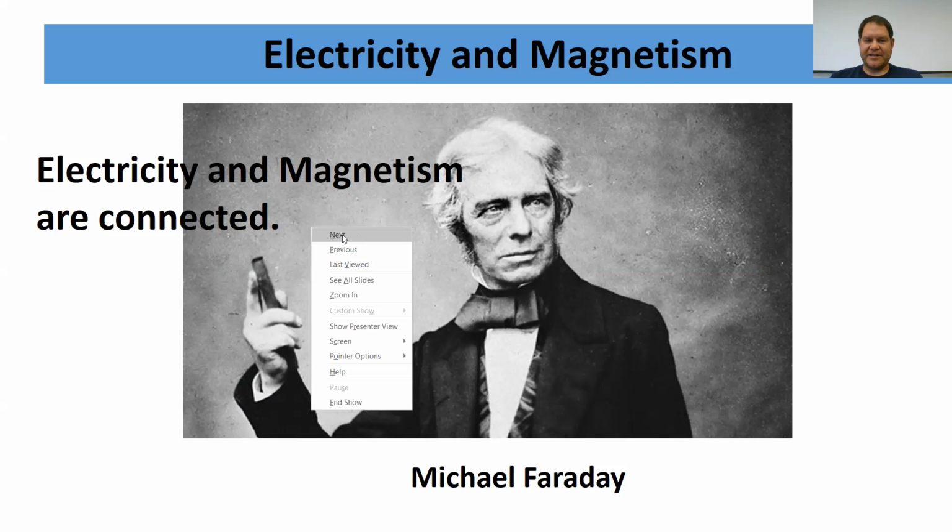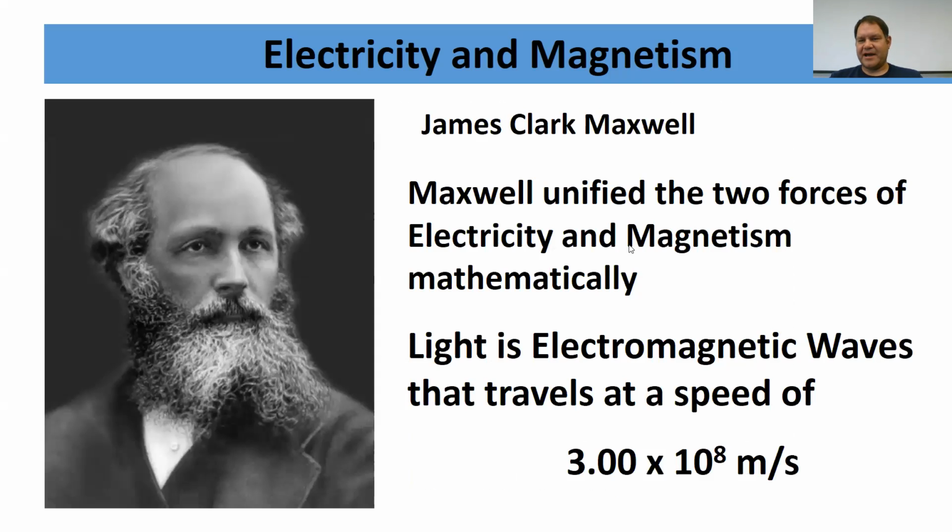But he had a good friend, James Clerk Maxwell, who was a brilliant mathematician who actually did prove that electricity and magnetism were indeed connected to one another, proving Michael Faraday's statement, okay? But he did so mathematically, unlike Michael Faraday.